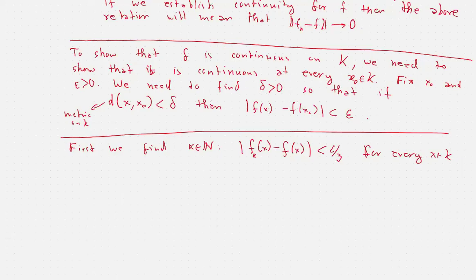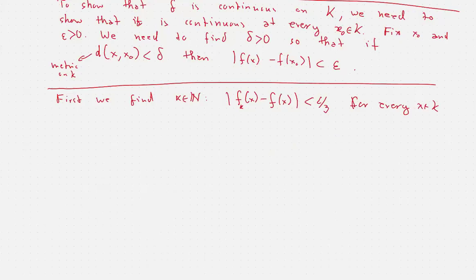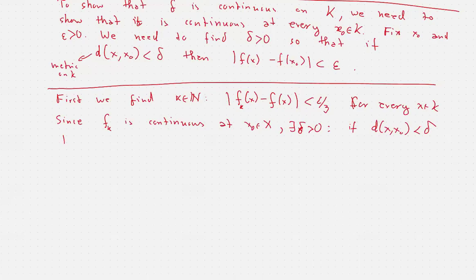So since fk is continuous at x naught, there exists delta greater than 0, so that if the distance between x and x naught is less than delta, then fk of x minus fk at x naught is less than epsilon over 3.